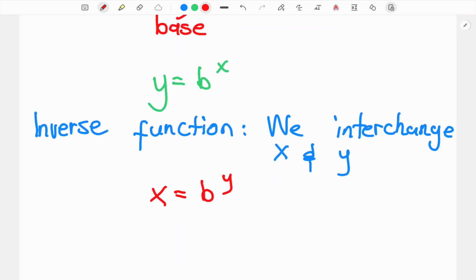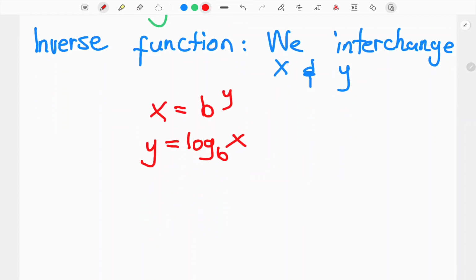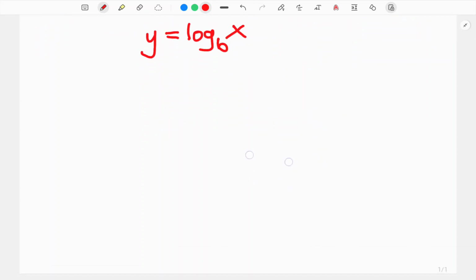If you want to solve for y, you say y equals log base b of x. So this is moving from an exponential to a logarithmic function. Let's unpack some rules on this, and it will make sense as we go.